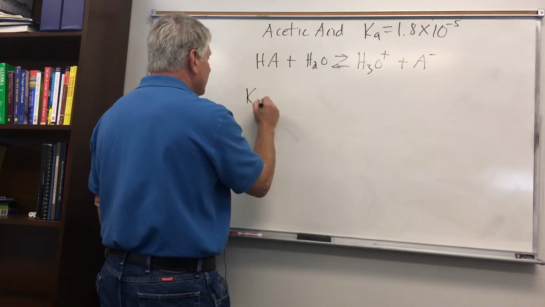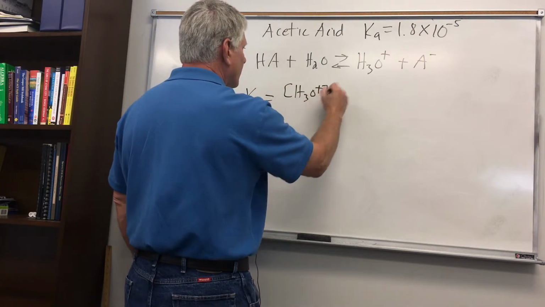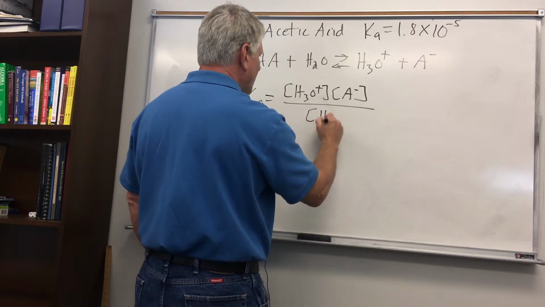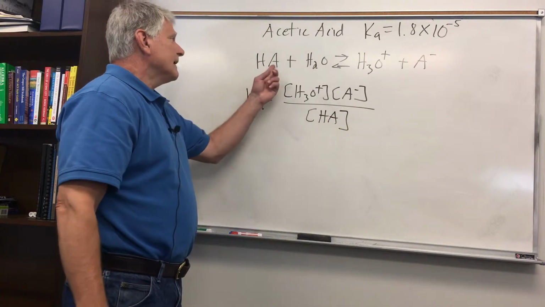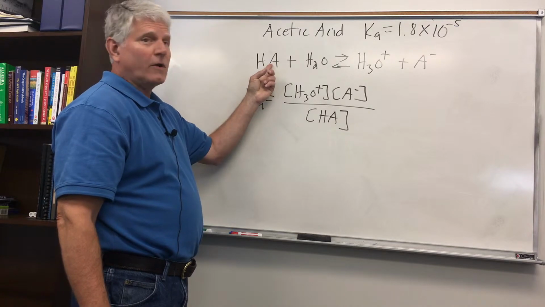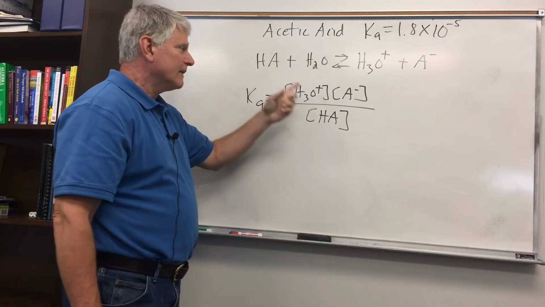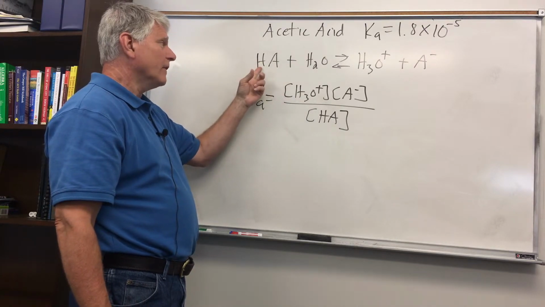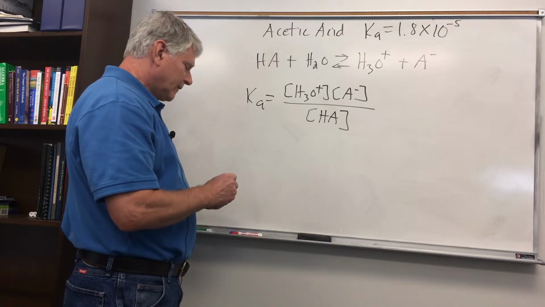And we can write the equilibrium constant. Now remember, this A stands for a molecular formula. So acetic acid has carbon, hydrogen, and oxygen in it. So I'm just letting A stand for the part of the acid besides this hydrogen that's donated. Okay, so now we use our techniques of equilibrium.